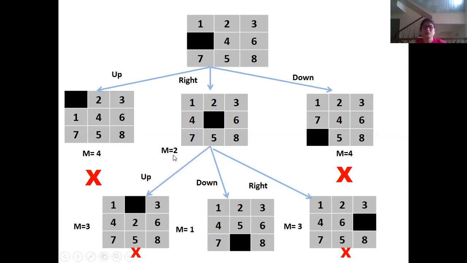So the value of M is 2. Come to this state. Now here again, 1, 2, 3 are all at their right position. 7 is misplaced, 4 is misplaced, 6 is at its position, 5 is misplaced and 8 is misplaced. So there are a total of 4 misplaced blocks, which are 7, 4, 5 and 8.